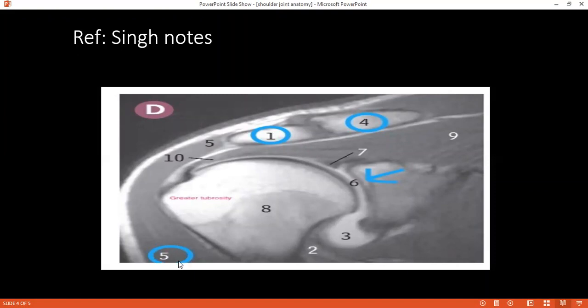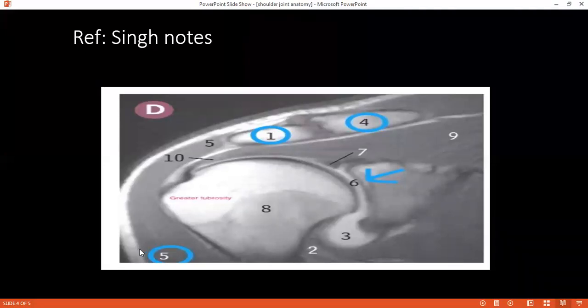What is the nerve supply of the deltoid muscle? The axillary nerve supplies the deltoid muscle. Okay, when there is injury to the axillary nerve, how will the patient present? The patient will have a motor deficit, like inability to abduct due to weakness of the deltoid, and numbness in its distribution, the regimental badge area over the surface of the deltoid muscle.